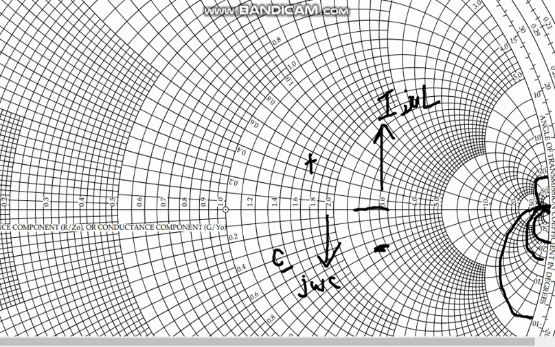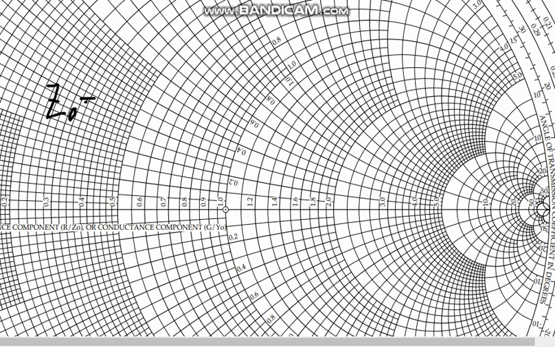Okay, if anybody asks you how to plot such an inductance here: if the impedance is R plus j omega L, where the value of R is 3 ohms and the value of j omega L is 2j ohms, how can you plot it?